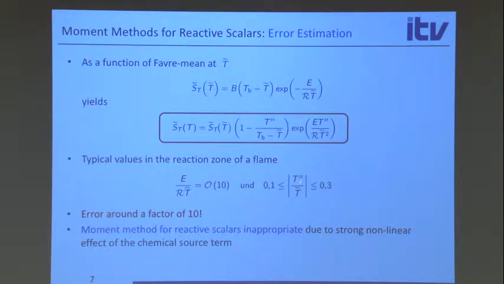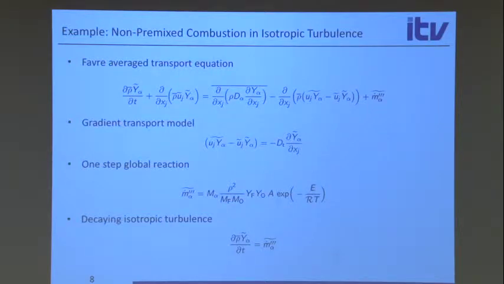And then T prime divided by T, maybe that's 10% to 30%. If we plug this in here, then this alone gives us a factor of roughly 10. So this means if I approximate for a typical flame the source term just by the mean and neglect the fluctuations, I'm off by an order of magnitude, a factor of 10. So that is very large, and that's not appropriate. Okay, that's all this tries to say.